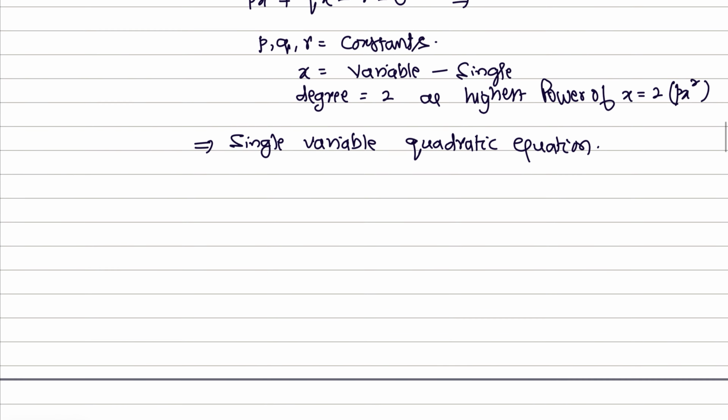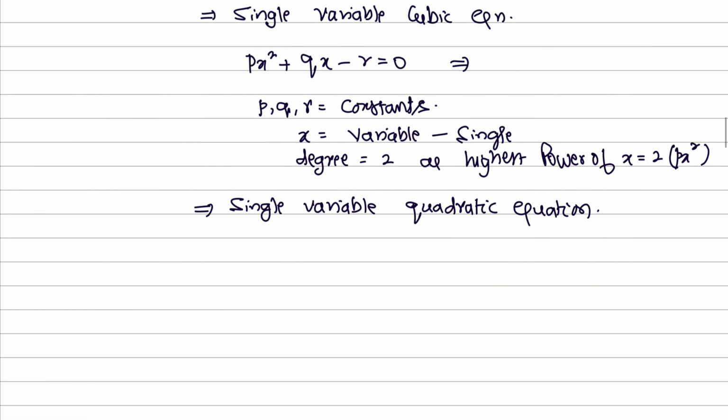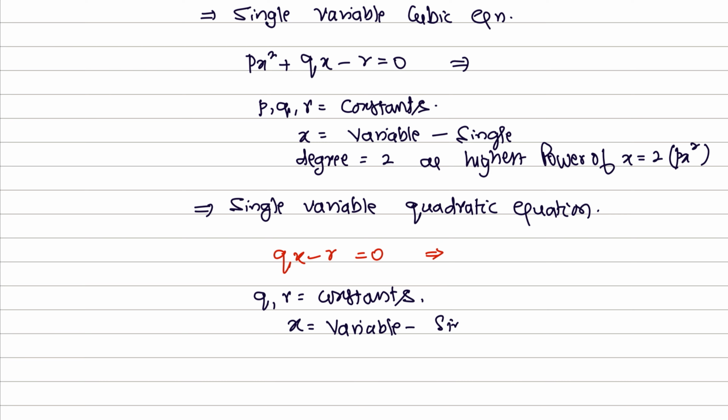Next comes, let us take qx minus r is equal to 0. It implies q and r are constants. X is the variable, that is a single variable.